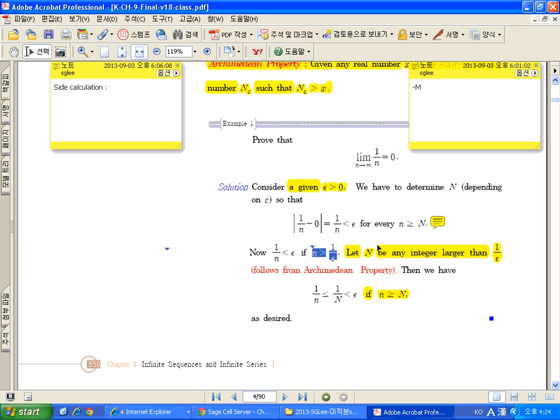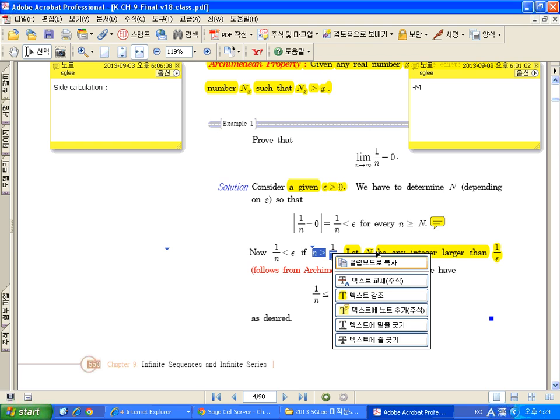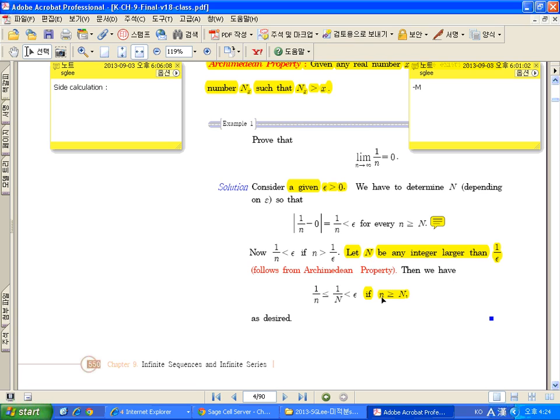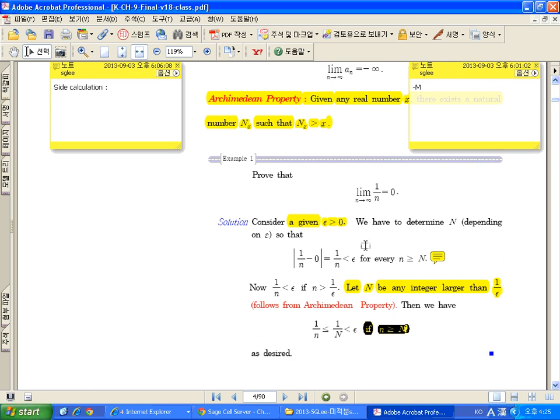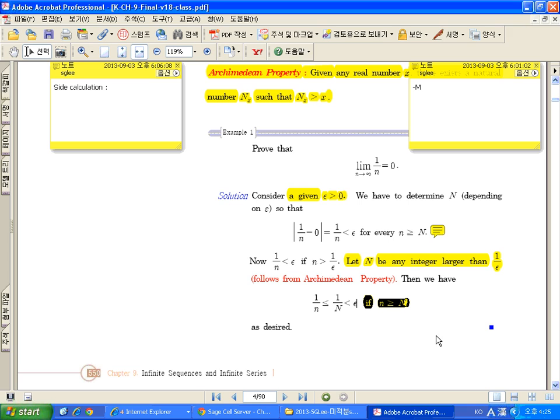So if we choose this capital N to be any integer larger than 1 over epsilon, then for any small n bigger than N, 1 over n is less than epsilon, which satisfies this one. So that meets the definition of the limit as desired.